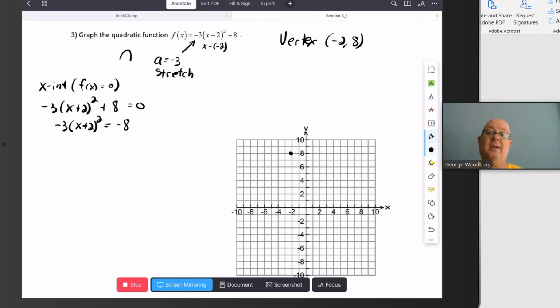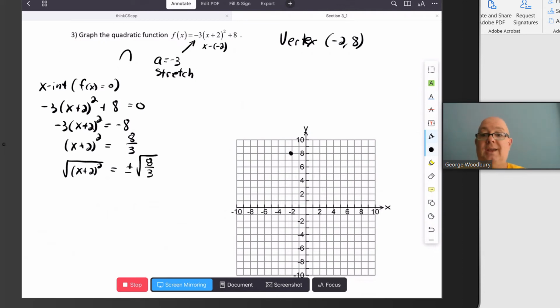We can divide by negative 3. (x plus 2) squared equals negative 8 divided by negative 3. The negatives cancel out, and we're left with 8/3. We'll take the square root, and it's going to be plus or minus the square root of 8/3.